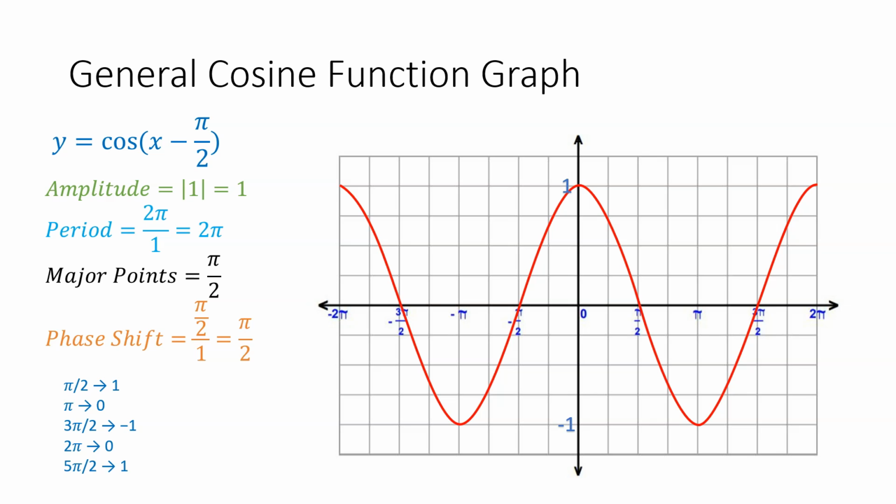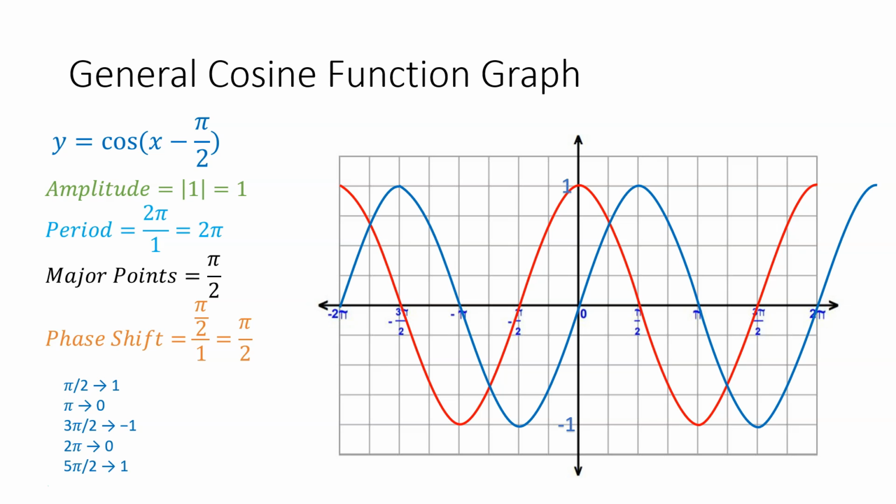0, and 1. When we graph it, all that we have done is taken the cosine graph and shifted it over to the right by a pi over 2 unit. So in general, if our c value is positive, meaning it's going to be x minus some number in the parentheses, we are shifting it to the right.